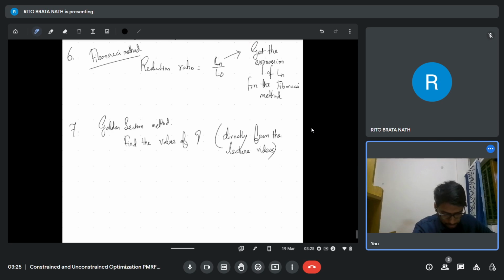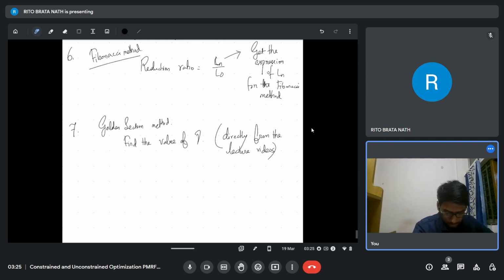Okay, so let's check the rest of the 3 problems. The 8th problem asks which method will be preferable for the 10% accuracy: Fibonacci section or the golden section, or are they equally preferable?